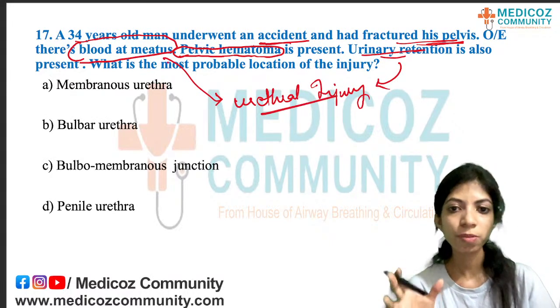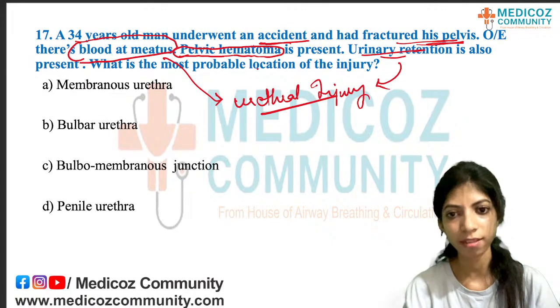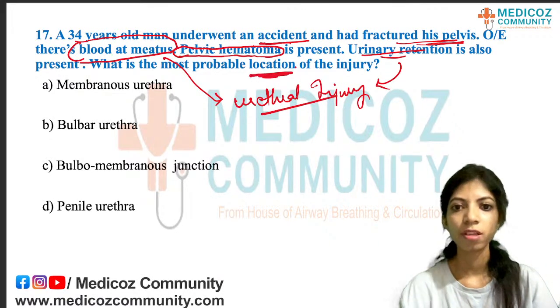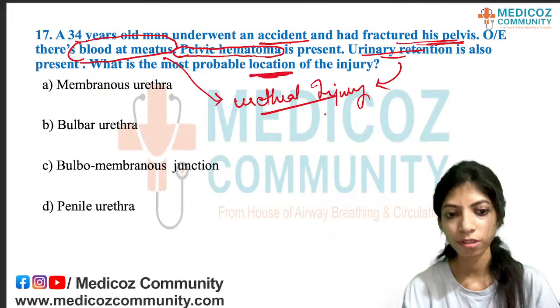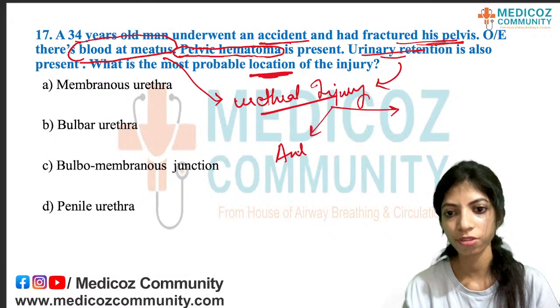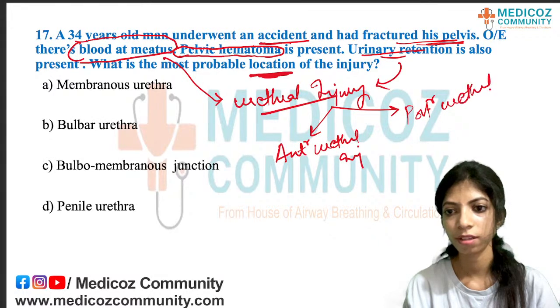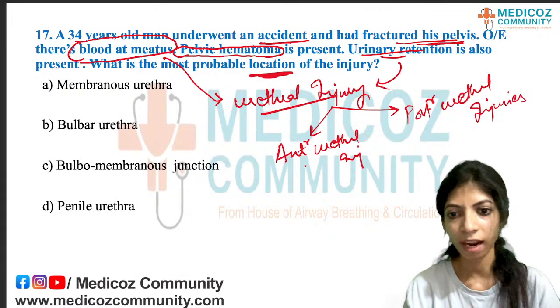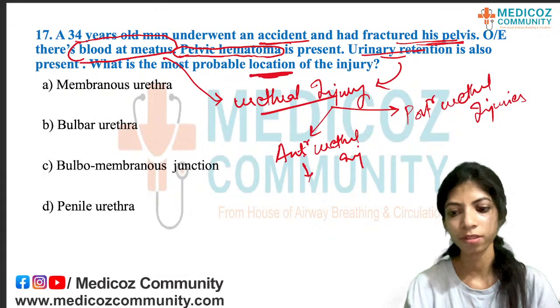So what is the most probable location of the injury? He's asking the location of the injury. So let us see. In urethral injury, we have anterior urethral injury and posterior urethral injury. We have these two kinds of injuries. And in anterior urethral injury, what happens?